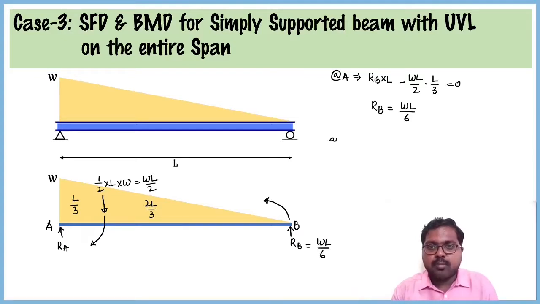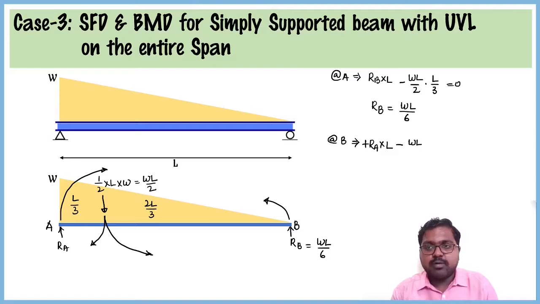At the same time I am going to find the moments around B, which is RA into L, and it is creating a clockwise moment from the left hand side, so again it is positive, and WL by 2 is creating an anti-clockwise moment from the left hand side, so minus WL by 2 into 2L by 3, which is equal to 0.